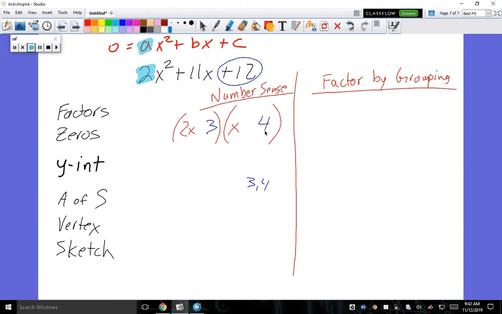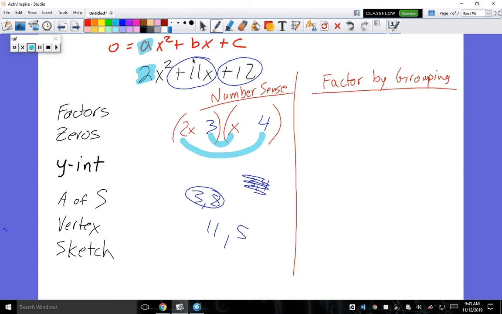Here we go. So you're not checking these, you're checking this, 3 and 8, because 3 times x is 3x, and 2x times 4 is 8x. So this 3 and 8 will either build an 11 or a 5, if I add them or subtract them. Look at this, it's exactly what I need.